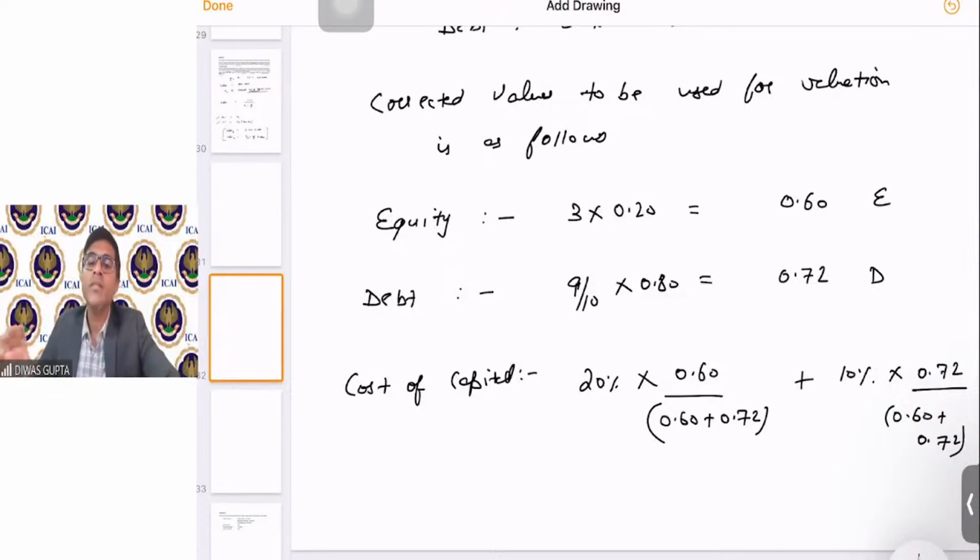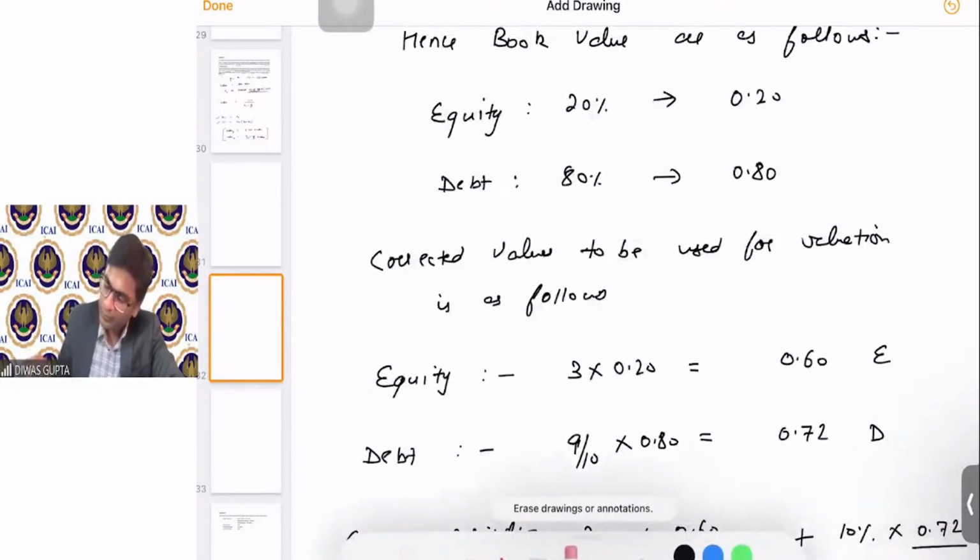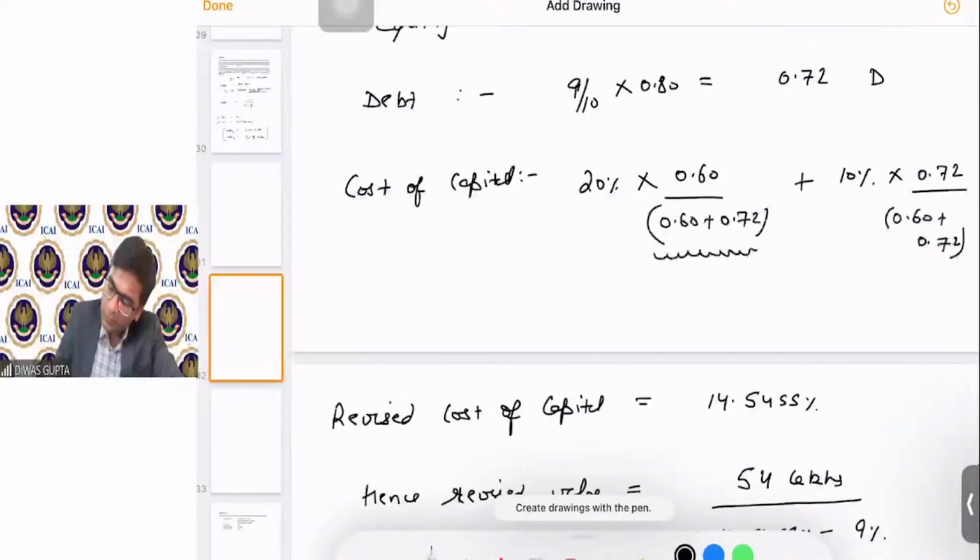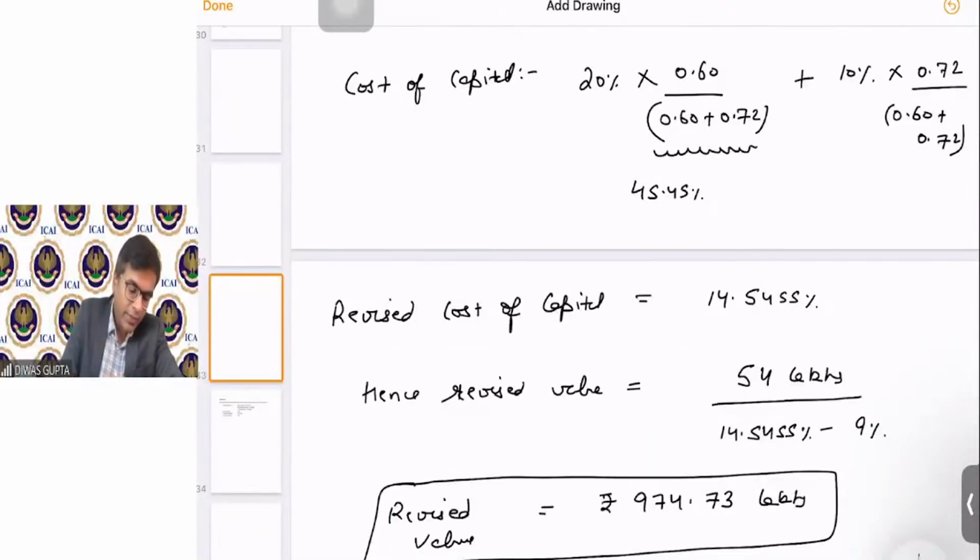But if you calculate this proportion, 0.60 divided by 1.32, this comes out to be 45.45%. And if you calculate 0.72 divided by 1.32, this actually comes up as 54.54 percent.